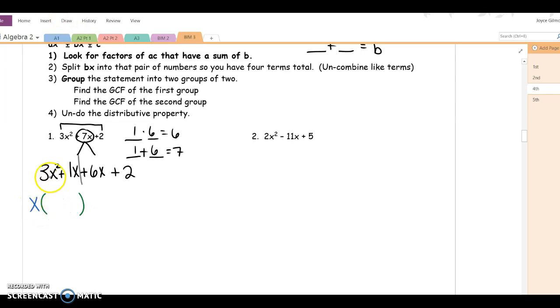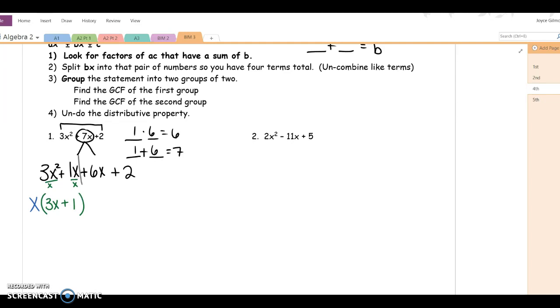X times what is 3x squared, x times what is 1x, or it can be very helpful for some people to write that GCF underneath each term and divide each term by x. So 3x squared divided by x is 3x.